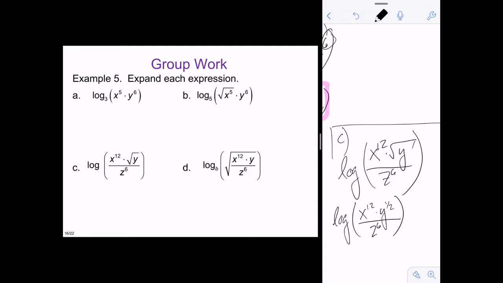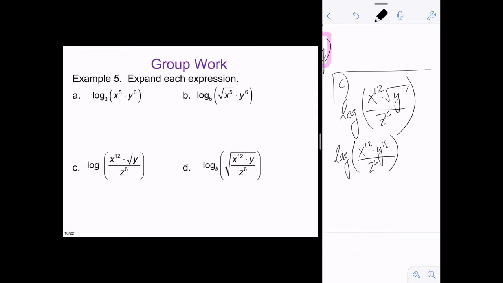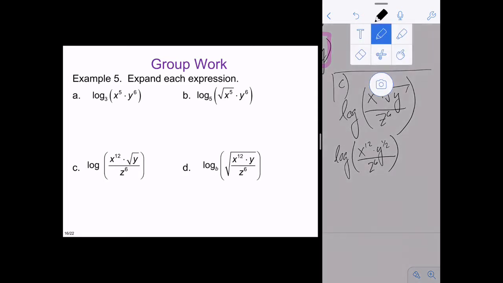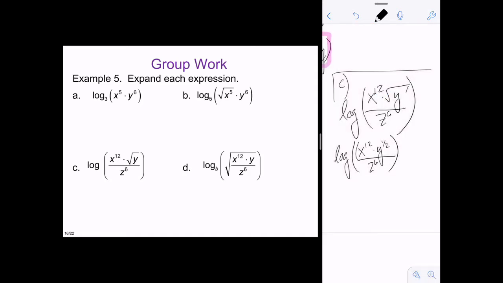And now whenever I have subtraction, because remember when you have a fraction, you've got these secret parentheses in the numerator and these secret parentheses in the denominator. I like to separate out any kind of division that I have before I separate out any kind of multiplication I have. So I'm going to do it this way.